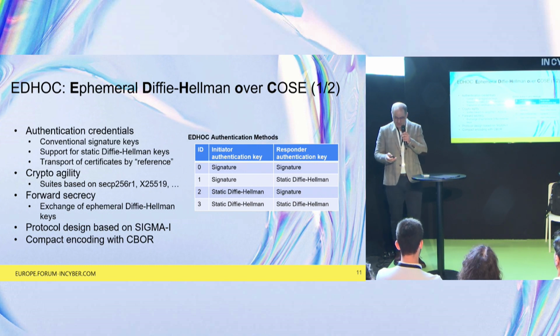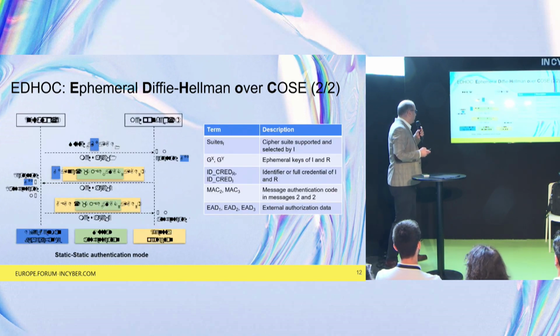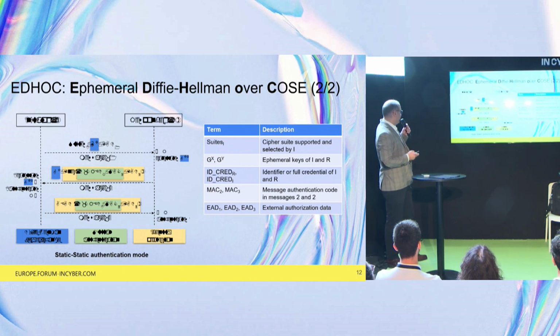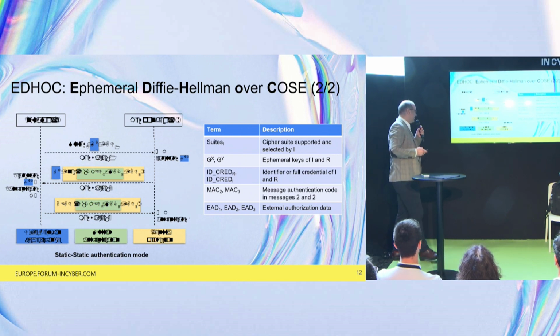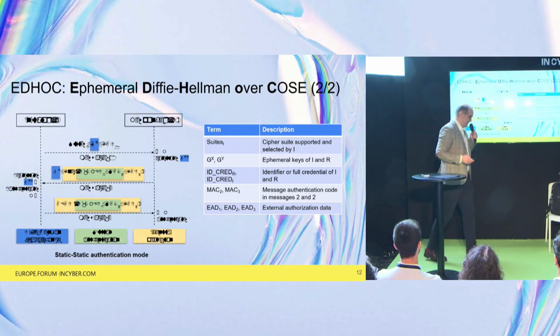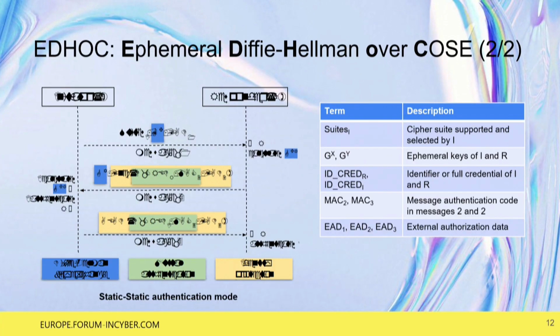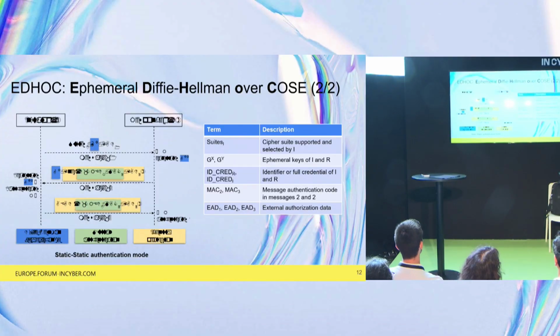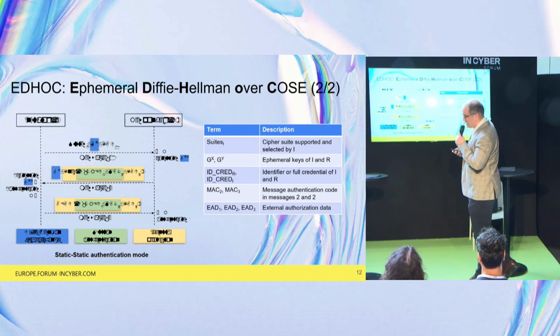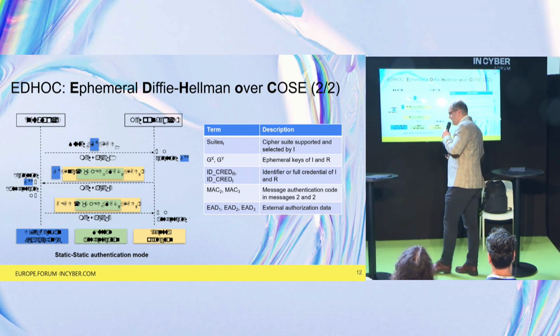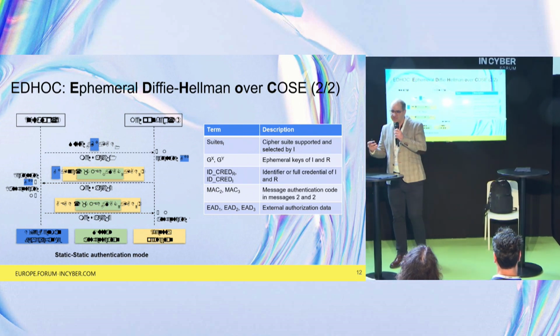transport of the messages. So in this slide, I have a sequence diagram between the initiator and the responder on how the key is exchanged. Typically, what you need to gather from here is that there is an exchange of ephemeral Diffie-Hellman keys here in blue.